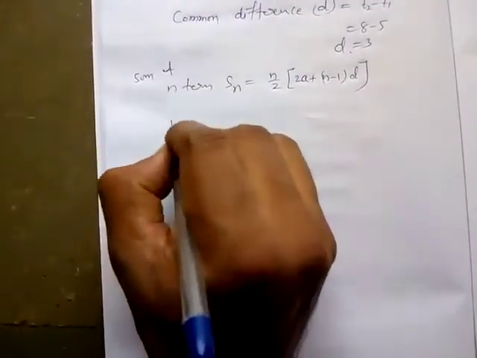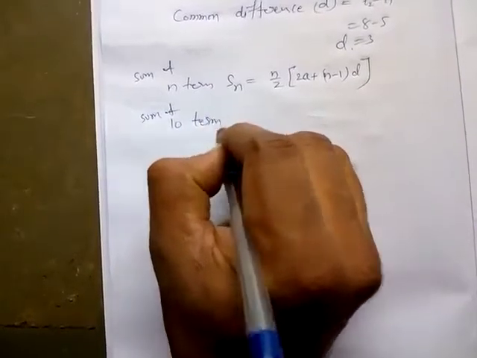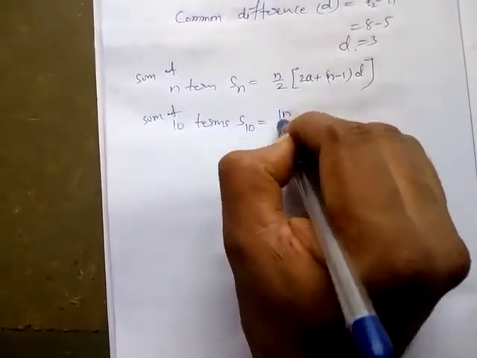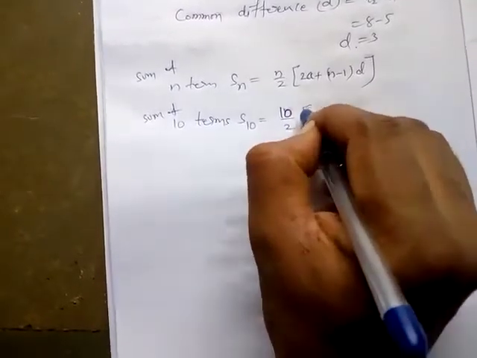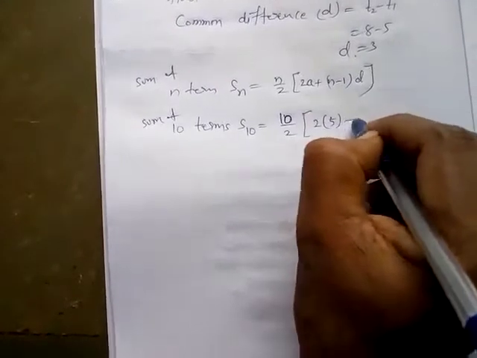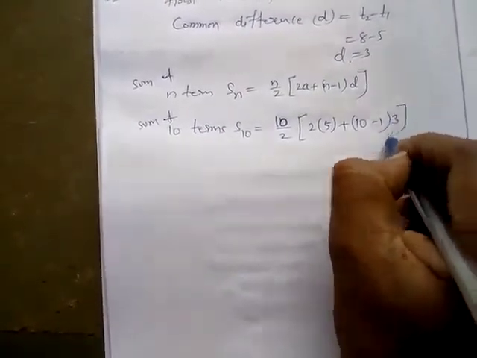So here, the sum of 10 terms: S10 is equal to 10 by 2 of (2a plus (n minus 1) into D). A means how much? 5, n is 10, minus 1, D is 3.